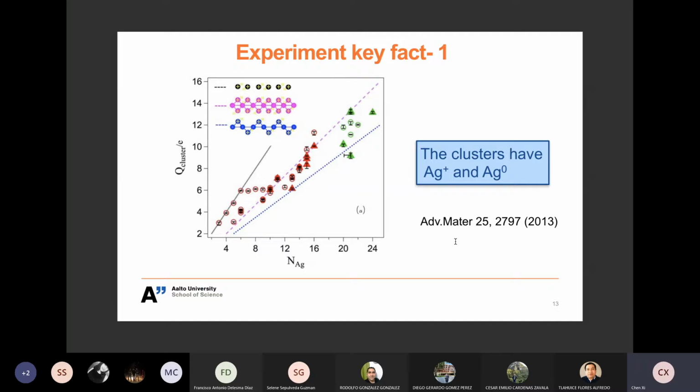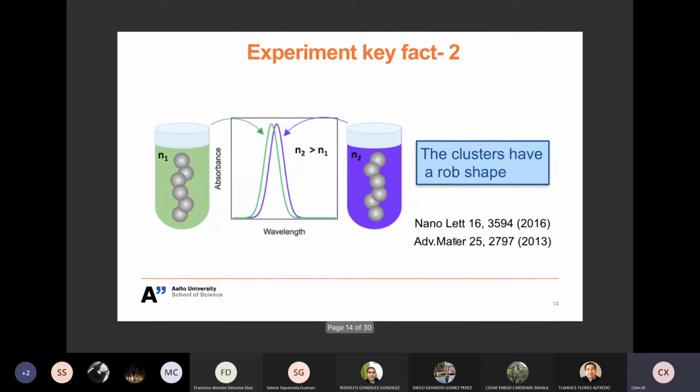The first fact is that these clusters have both silver cations and neutral silver. The second key fact from experiment is that the cluster most likely has this long rod shape.